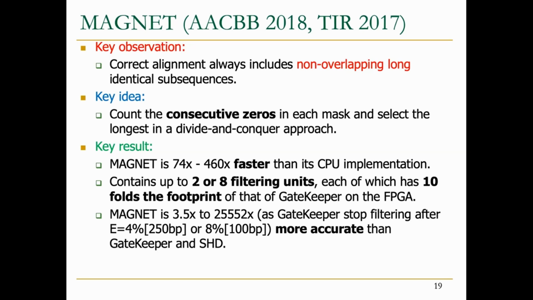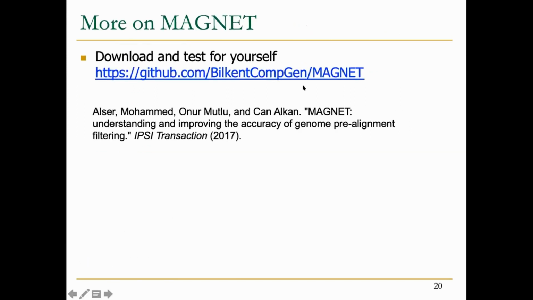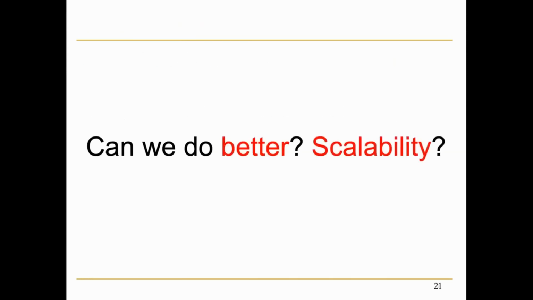Because if the filter generates more sequences, the sequence alignment is going to take more time, and then we lose any speedup we got out of the filter because we have a lot of false positives. So we really need to integrate this with the sequence aligner, evaluate both together, and see the overall speedup. As I said, the code is already available online. Feel free to play with it and test it.